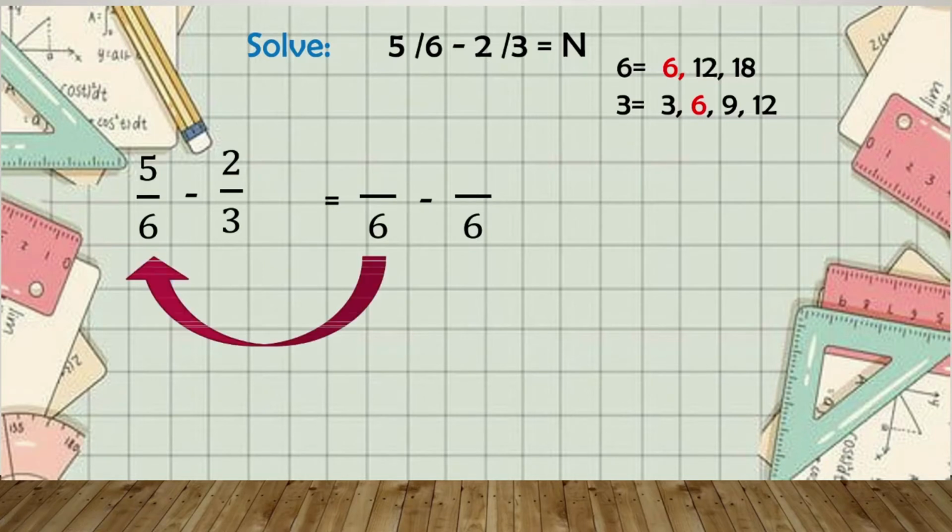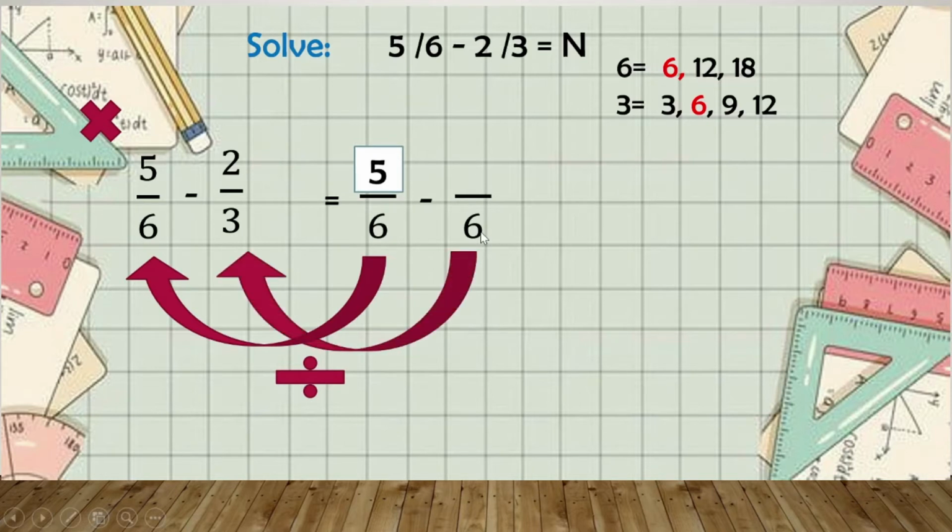Let's see. 6 divided by 6 is 1 times 5 is 5. Okay? So, we have 5 over 6. Next, for the other one, 6 divided by 3 is 2 times 2 is 4. Okay? So, we have 4 over 6.